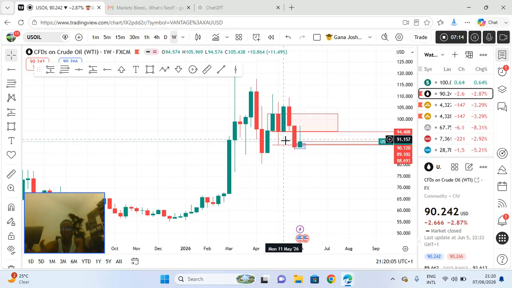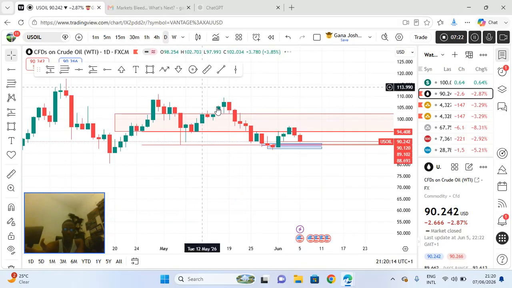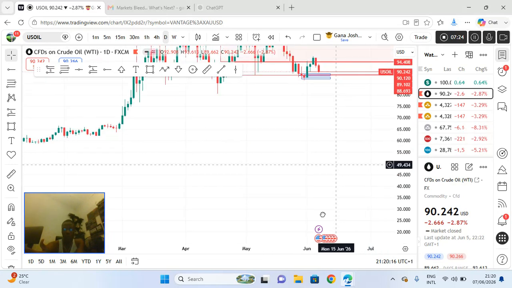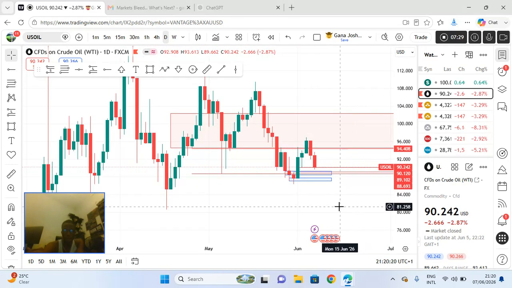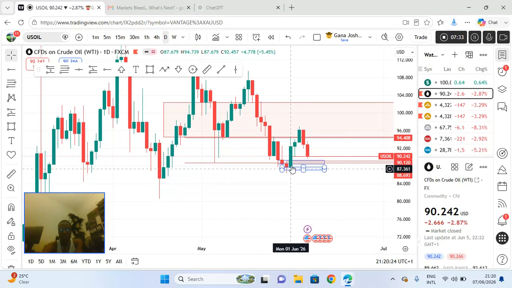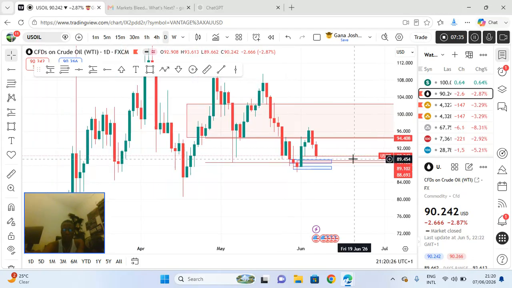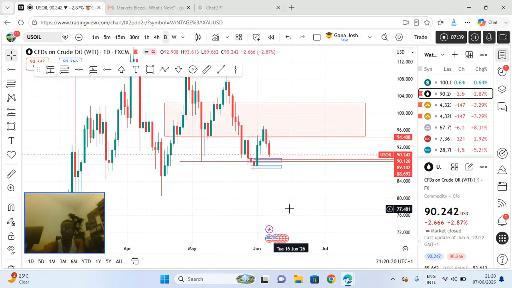The opening hit and price came. So there's a tendency that anytime price reaches here, there's still going to be a drop. So we go down to our daily to check, and that's what happened. That means we need to question this low, because this is a strong resistance on oil.